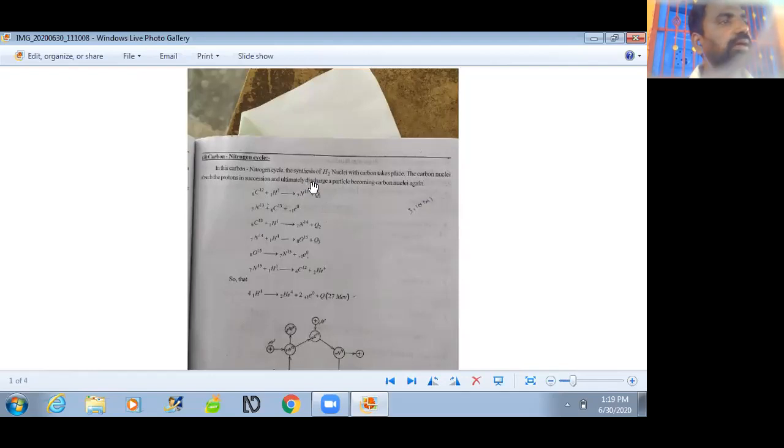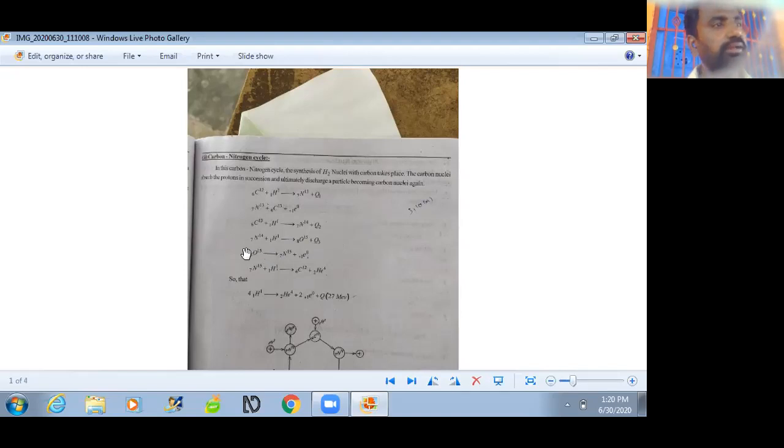What happens again? This nitrogen element 7N13 forms another carbon isotope, 6C13, and one positron. Then 6C13 fuses with one proton and becomes 7N14 plus Q2 amount of energy.